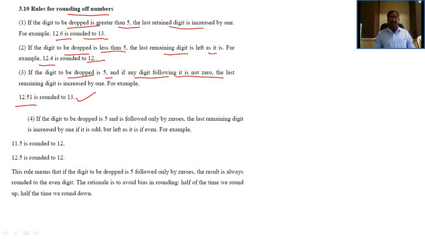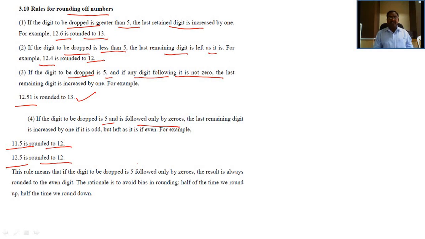If the digit to be dropped is 5 followed only by zeros, the last remaining digit is increased by 1 if it is odd, but left as it is if it is even. Here 11.5 is rounded to 12, and 12.5 is rounded to 12.